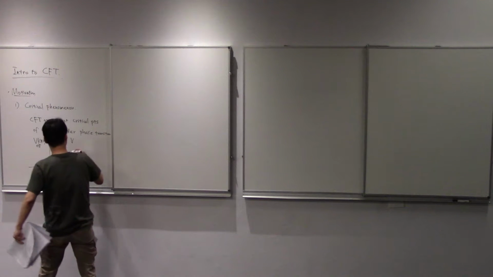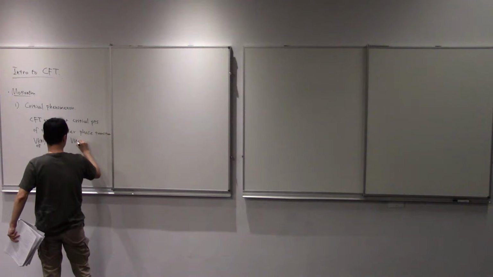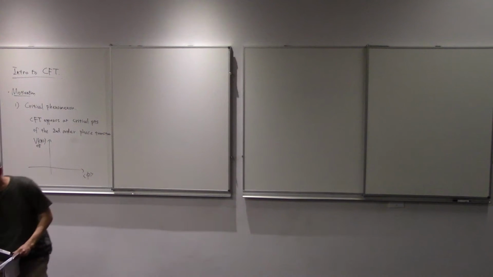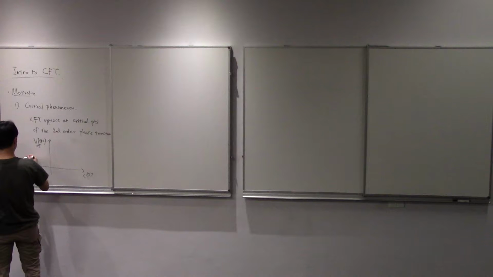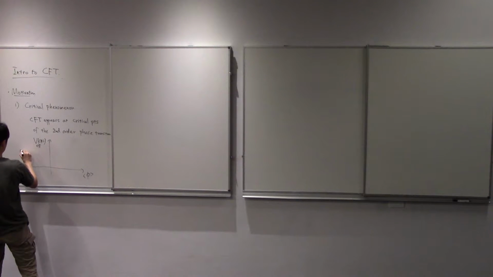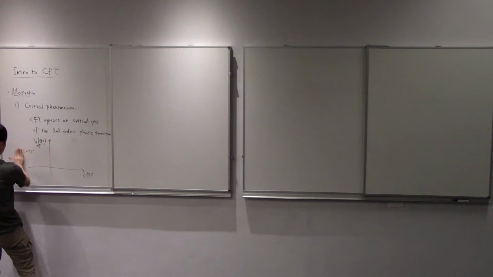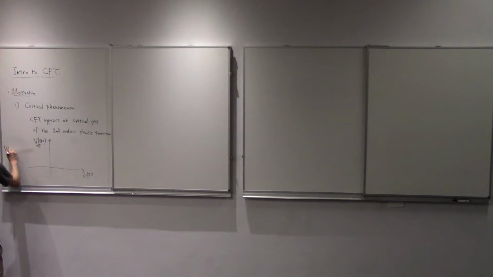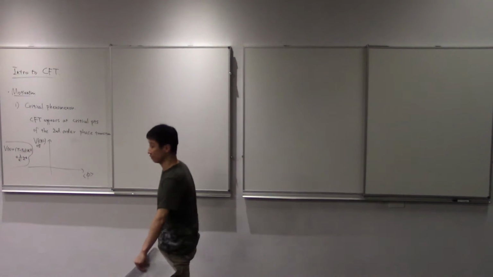Here I plot my potential, which is going to be, as a function of x, (T minus Tc) x squared plus some x to the fourth. So I consider this a phi to the fourth potential, right?